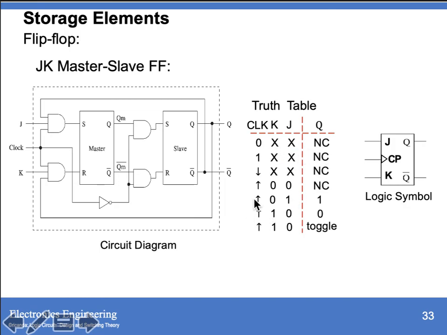If your clock is going up and your input J and K is 0, that is no change. If it is 0 and 1, then Q is 0. If it is 1 for your J and K is 0, that is 1. If both inputs are 1, then you have an output of toggle. That is, when previous Q is 1, then it will make your next Q 0. If your previous Q is 0, then it will make your next Q 1.